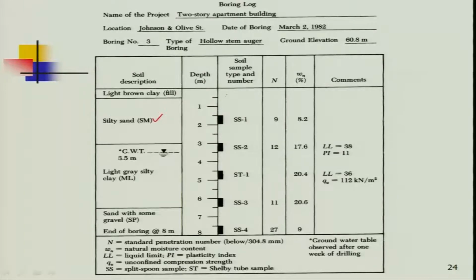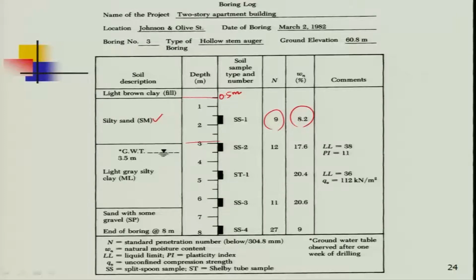This silty sand runs from 0.5 meter up to 3 meter, with no change of profile; the same soil profile is there. The SPT N value in this depth is 9, and the moisture content is 8.2.